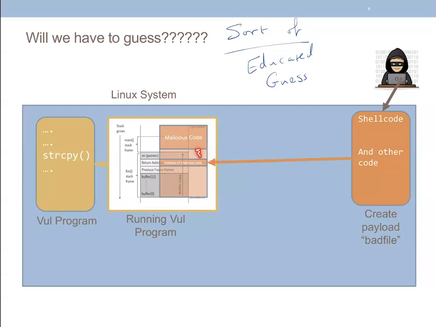But we know there's this gap between the address and where I've put my malicious code. What I can do is fill it up with no-ops. So now I can hit anywhere in that space, and it will just keep going until it hits a real instruction, which would be over here. That's why no-ops are helpful.